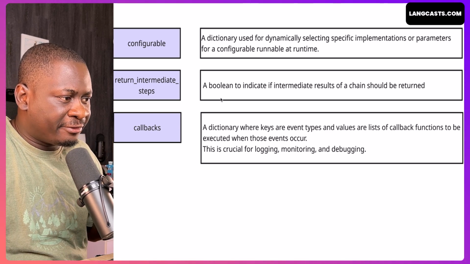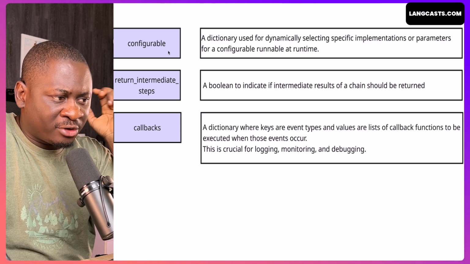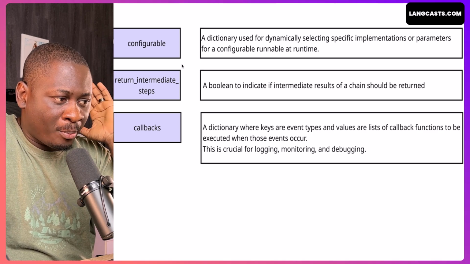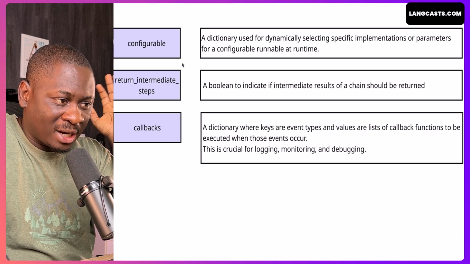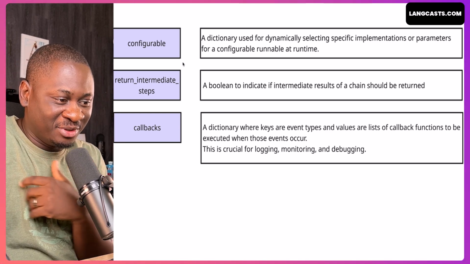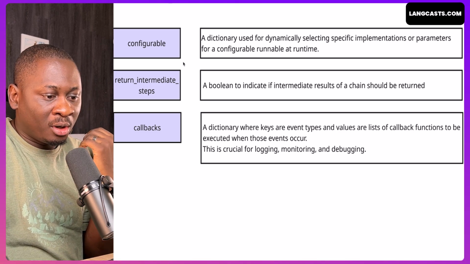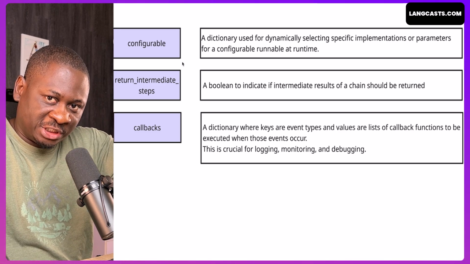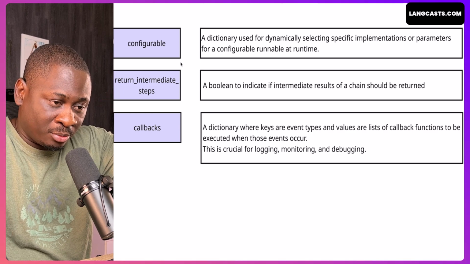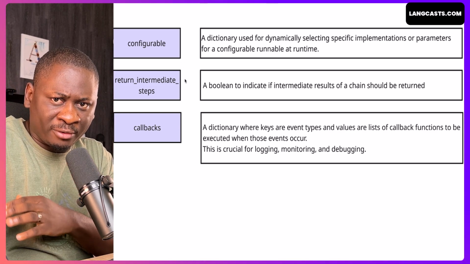So we also have configurable. Now, configurable is a dictionary for dynamically selecting specific implementations or parameters for a configurable runnable at runtime. Now, let me just save you all that English. What configurable basically does is that for the elements in your chain, let's say a chat model or a prompt template, sometimes you want to configure them at runtime.